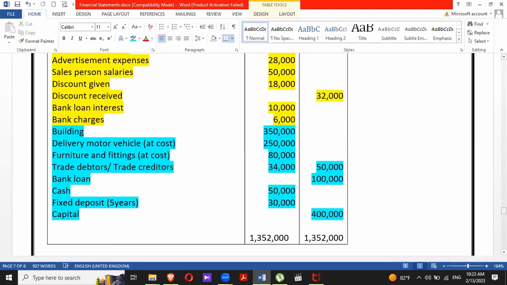Here, building, delivery motor vehicle, furniture and fittings are all given as cost, right? Because still we didn't do the adjustments. Directly these three things come under statement of financial position under non-current assets. Directly we can take, right?